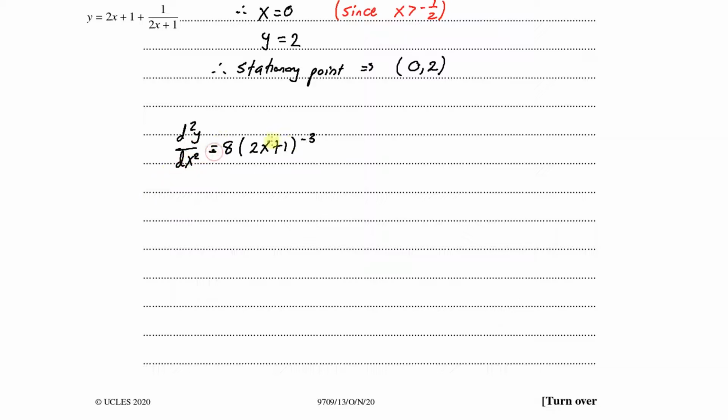When x is equal to 0, d squared y by dx squared comes out as 8. And 8 is greater than 0, and therefore we can conclude that the point is a minimum point. So that is the final answer.